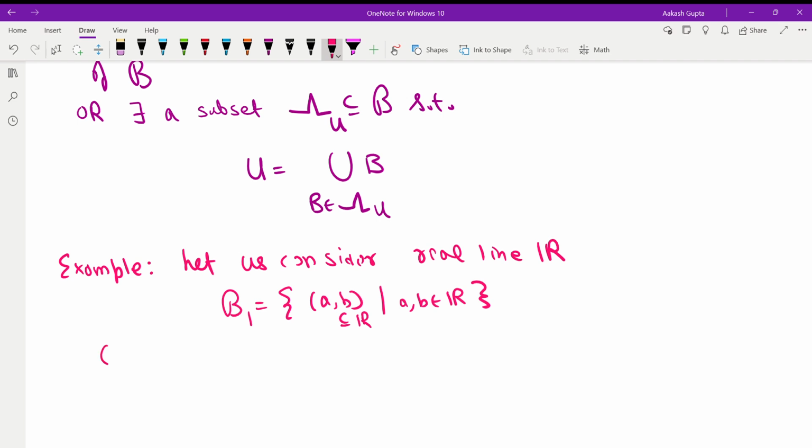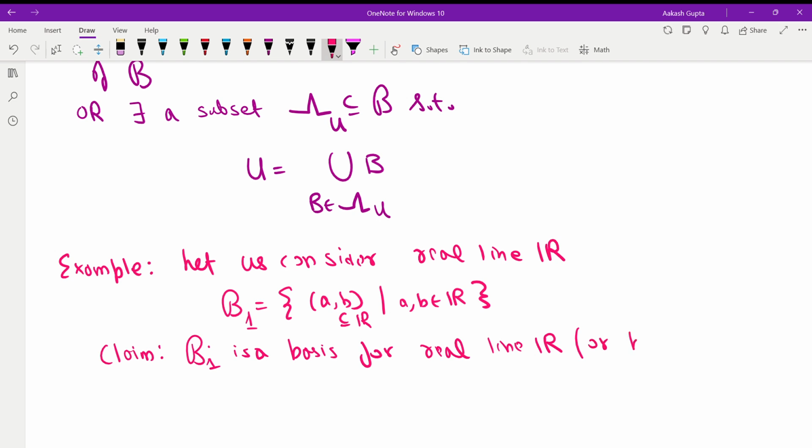So our claim is that B1 is a basis for the real line R, or a basis of the topology on the real line R. That's what I said.